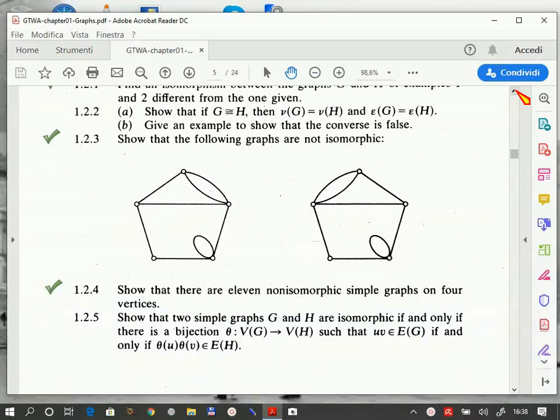I see one particular edge which has no possibilities other than a particular one. I see one on the left which has to go to a very particular one on the right.